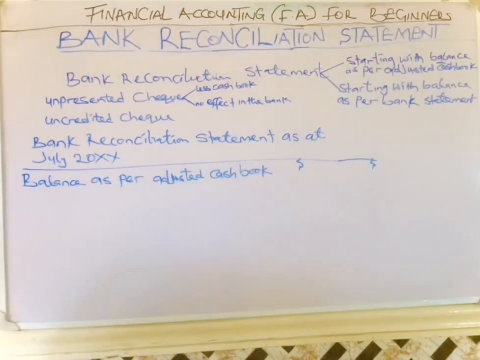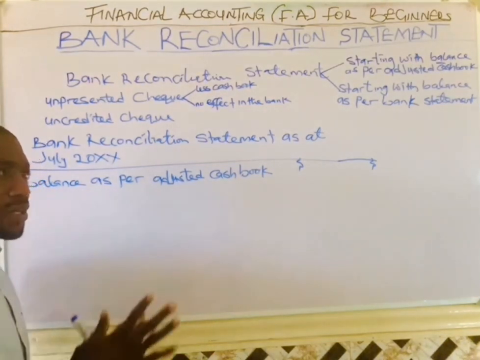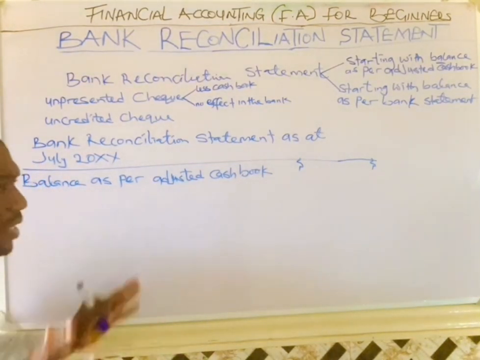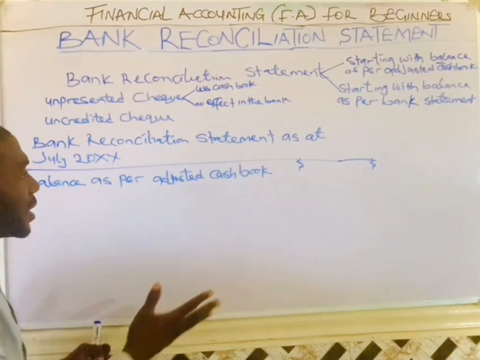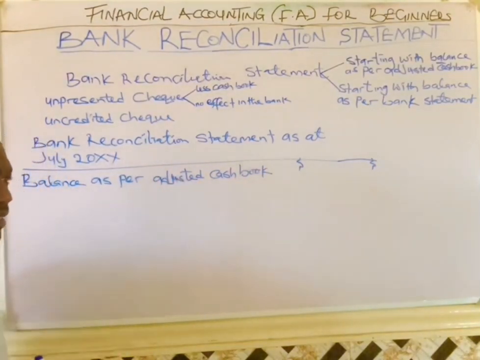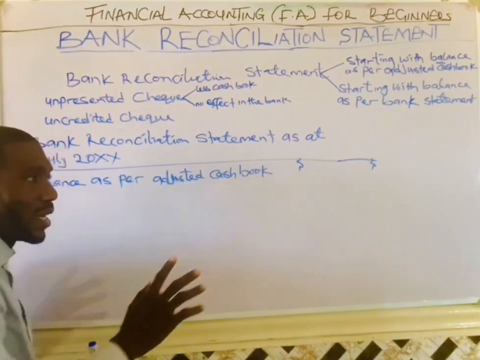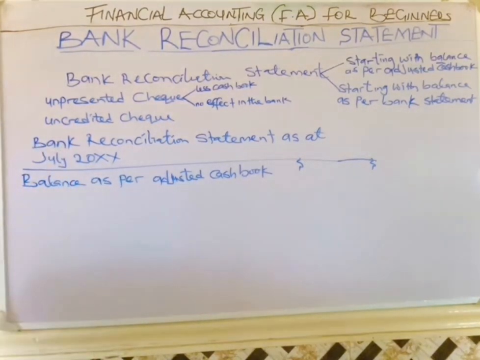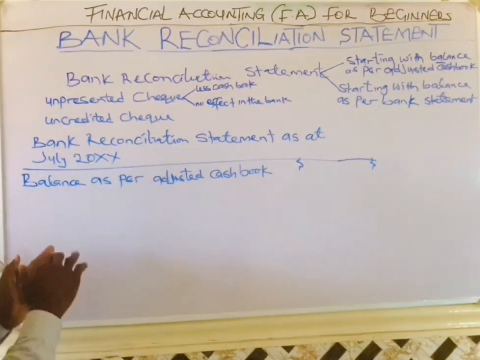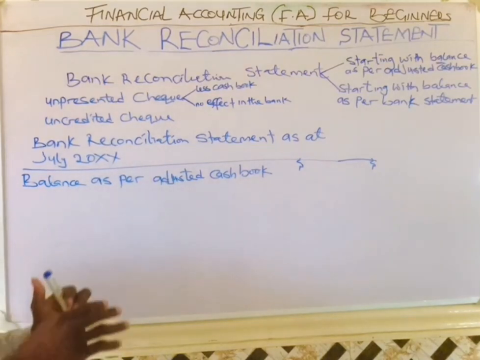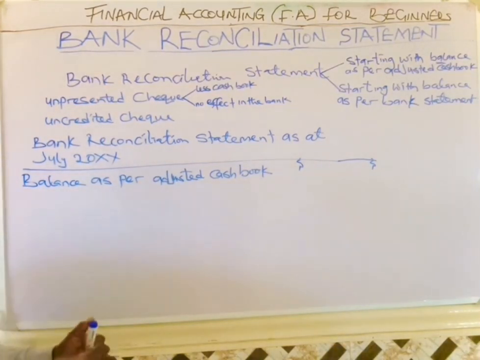And don't forget, all the adjustment will be on the cash book. All the reconciliation will be looking at the adjusted cash book balance. That is why we are starting with the adjusted cash book balance. If it is the bank statement balance that we're starting with, all the reconciliation will be on the bank statement balance.